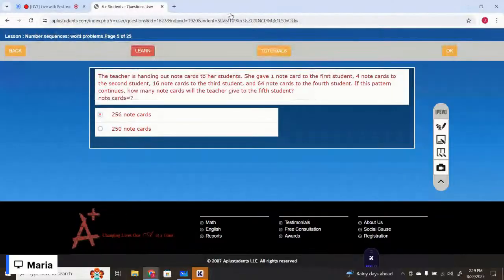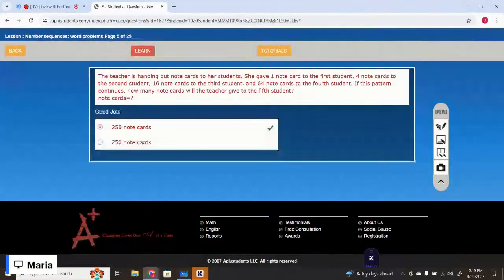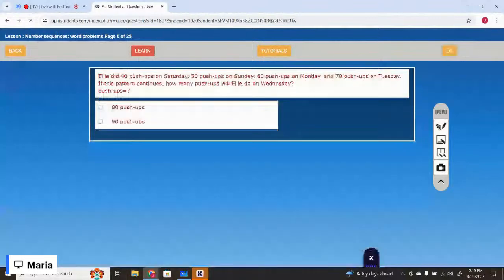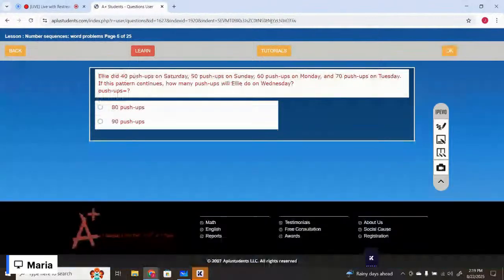The next one would be 256 note cards. One is the correct option. Just understand how the pattern is growing, then you do not have to guess the answers. You're just guessing the answers.